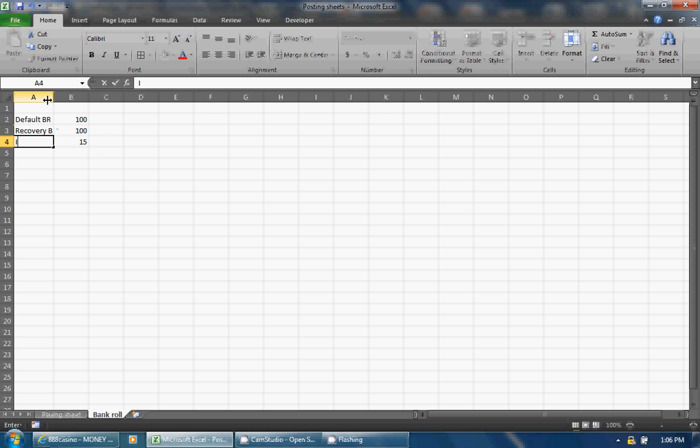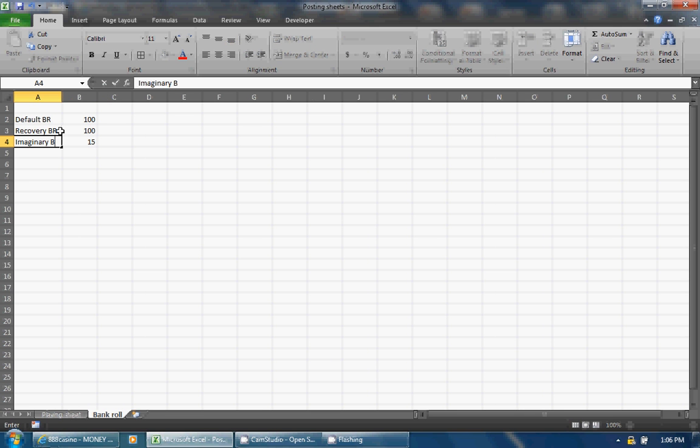What I'll do is I'll create imaginary bankrolls. I'll explain why I need those imaginary bankrolls. This is money I don't have, but essentially it will come as part of our money manager. So we are going to create 18 imaginary bankrolls: imaginary bankroll 1, imaginary bankroll 2, so on and so forth, up to 18 imaginary bankrolls.